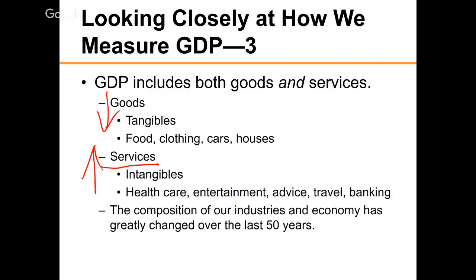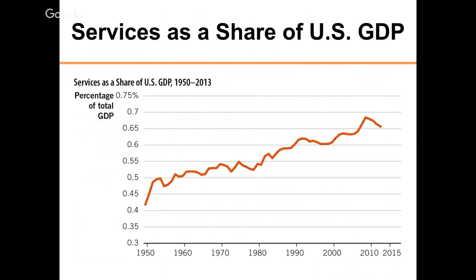If you look at this share over here, in the 1950s only about 40% of the economy was in the service industry. But today it's over 65% of the economy. Oh man, this is a huge typo. Guys, ignore it. This over here should be 0.75. Don't forget about percentage. Somebody made a mistake on the PowerPoint.